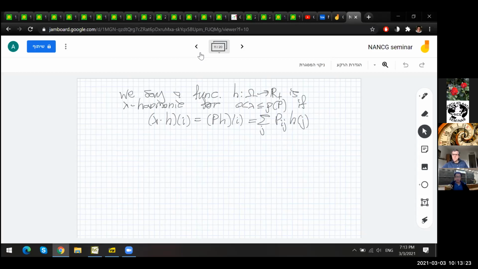Right? So if lambda was equal to 1, then the value of h at i is an average of values around it. So that's why we call it harmonic. But then it doesn't have to be one harmonic, it could be lambda harmonic.